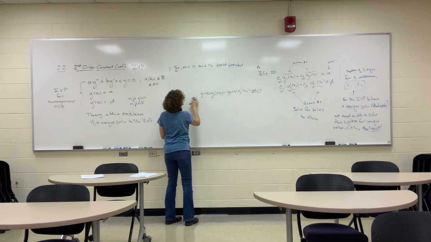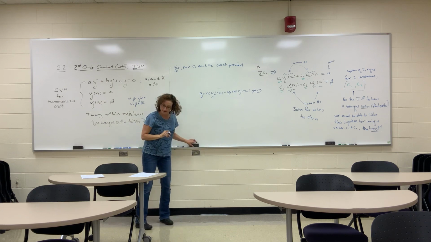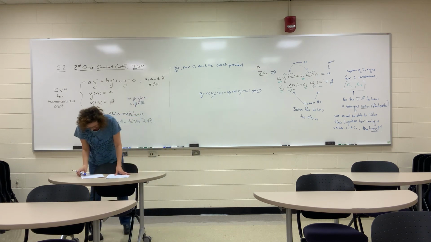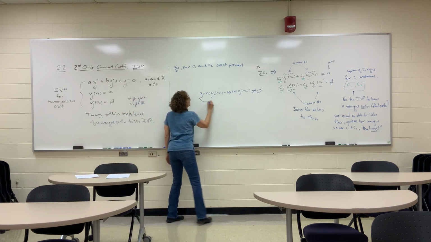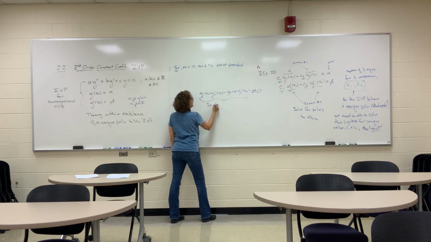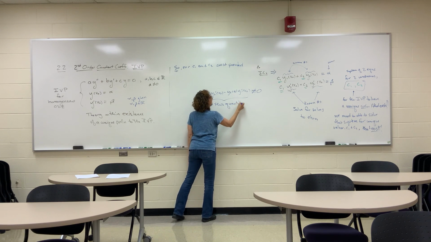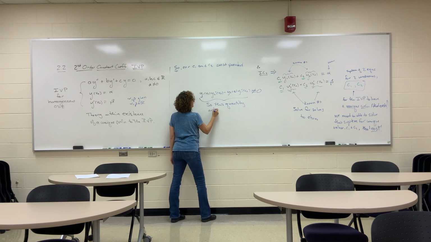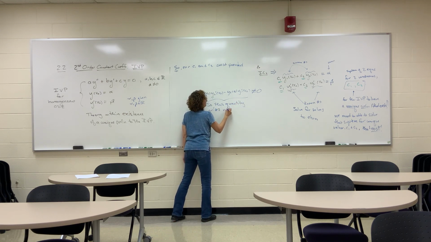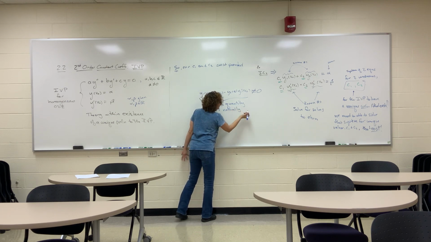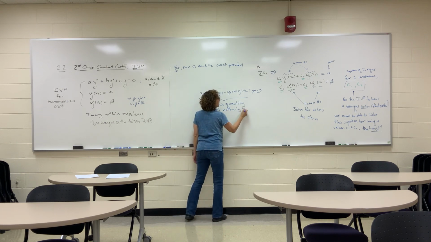Well, that's a weird thing. So this quantity arises naturally for C1 and C2 to exist.